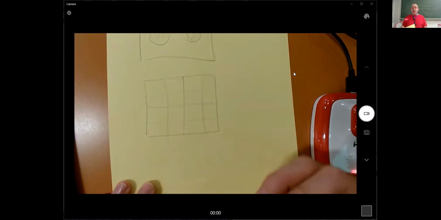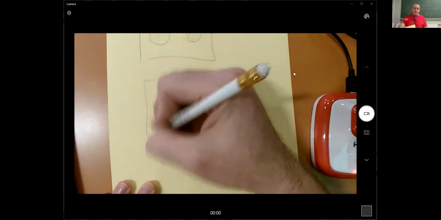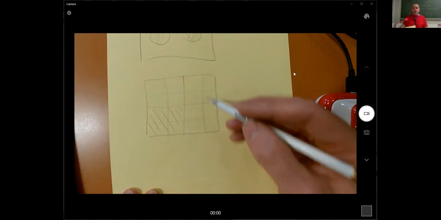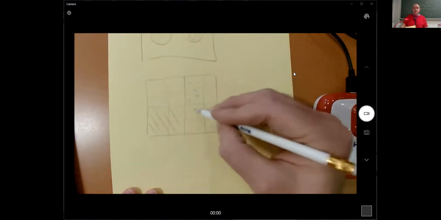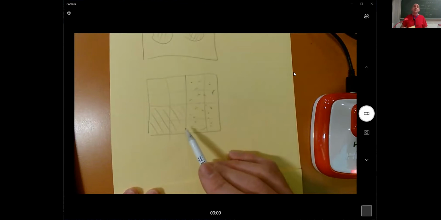If I had an event that happened a quarter of the time, it would be this size, and an event that happened like half the time might be this. This is a Venn diagram using squares instead of circles. These are mutually exclusive because they don't quite overlap, right?